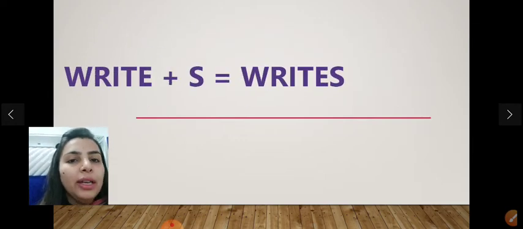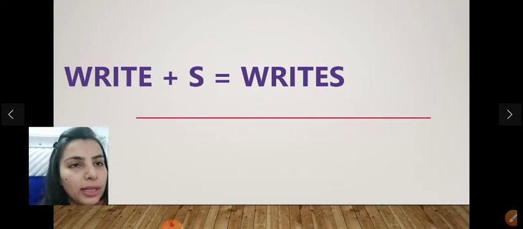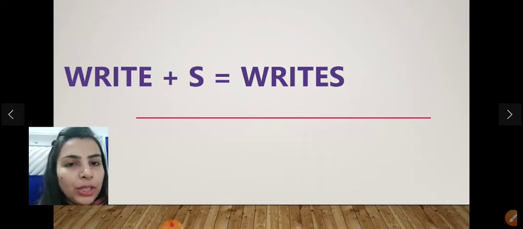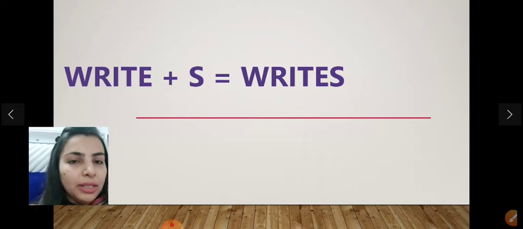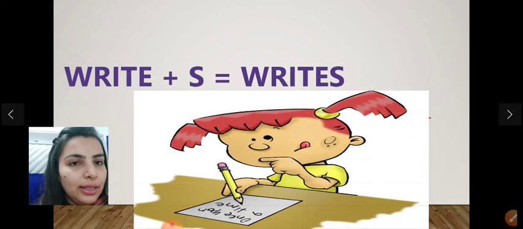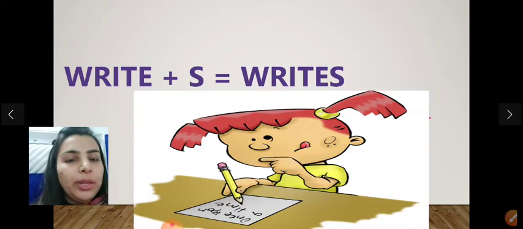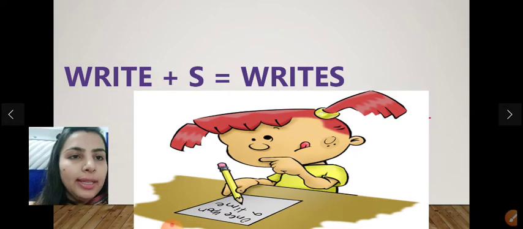When we add s with the word write, it becomes writes, and it tells us the action is happening right now. That means it is a present tense. So write plus s becomes writes, and it is a present form.